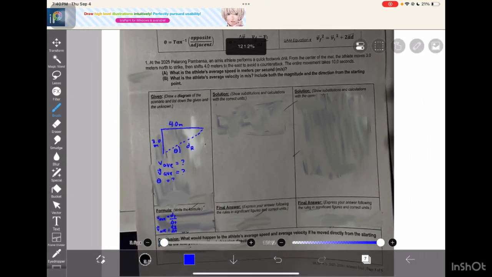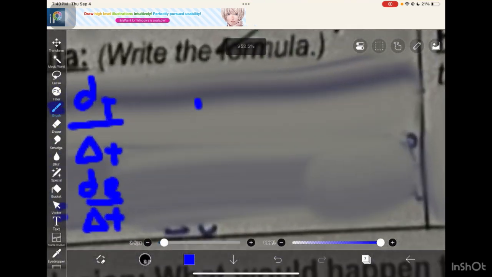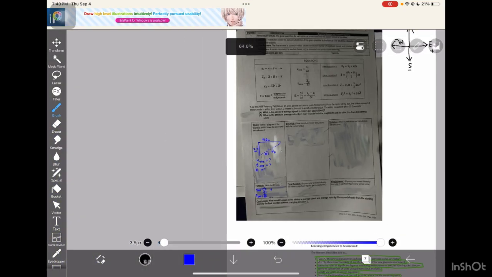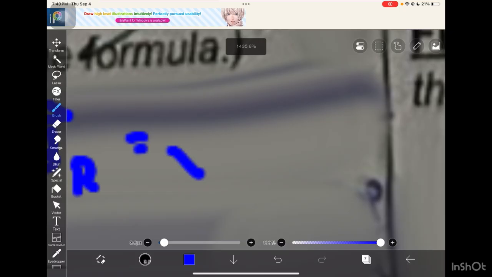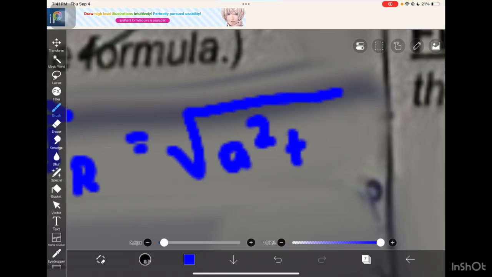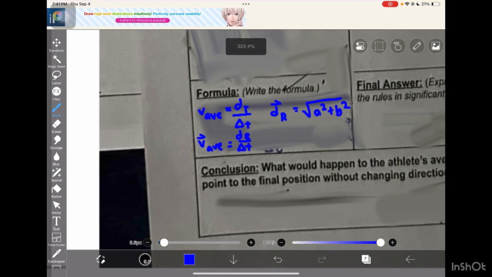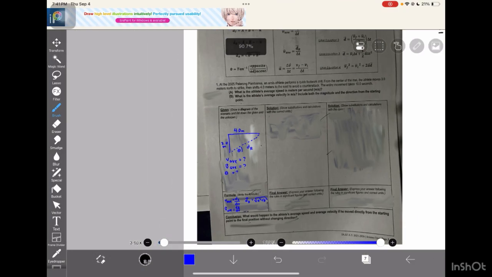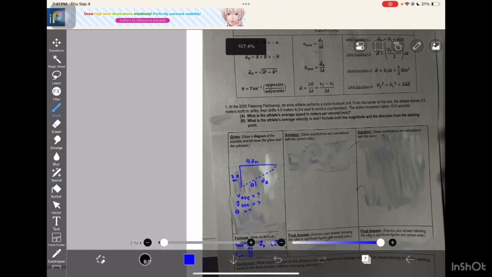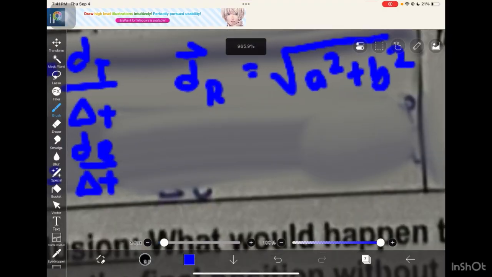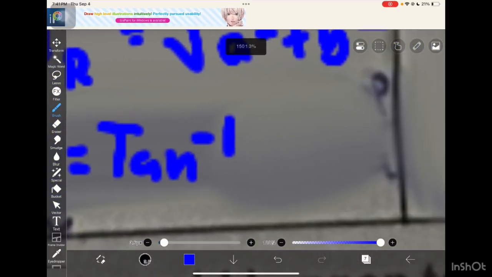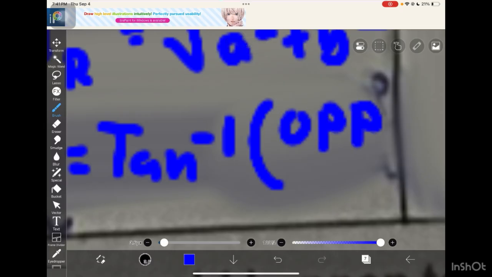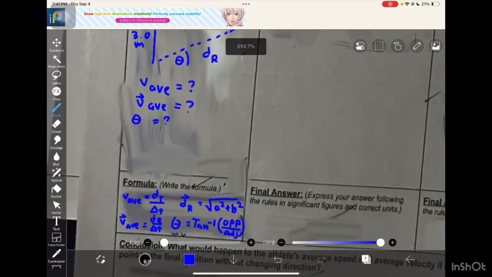Then we also have the d sub r, which is equal to square root of a squared plus b squared. I'll explain why we use these formulas later. And lastly, we have to get our theta. So theta is equal to tan inverse of opposite over adjacent. All right, so that's our 4 formulas.